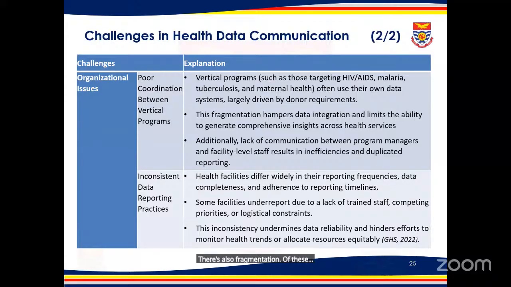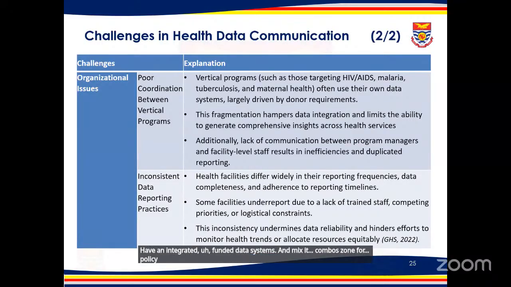Once we have these programs using their own data platforms, it creates that fragmentation or makes it very difficult for us to have an integrated, coordinated data system, and makes it cumbersome for policy makers.